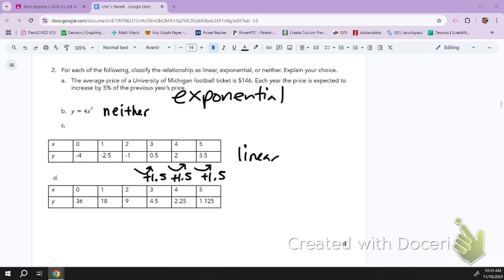What about D? What do you think for table D? Exponential. Why? Because it's dividing by 2 each time. It's dividing by 2? Or we could say being times by 1/2, it's going to be exponential. What questions do we have?